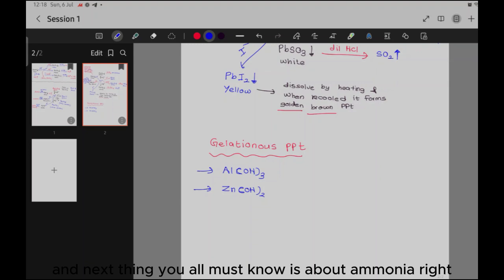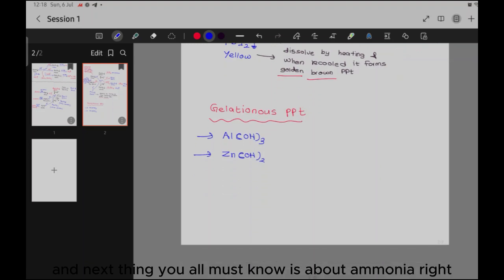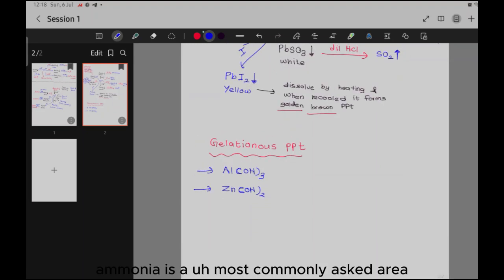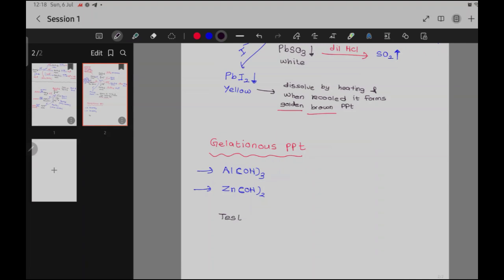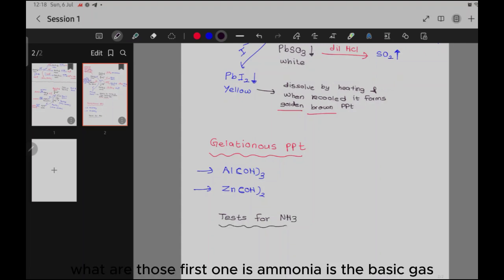And the next thing you must know is about ammonia. Ammonia is a most commonly asked area. Mainly there are three tests for ammonia. What are those? First, ammonia is the basic gas.